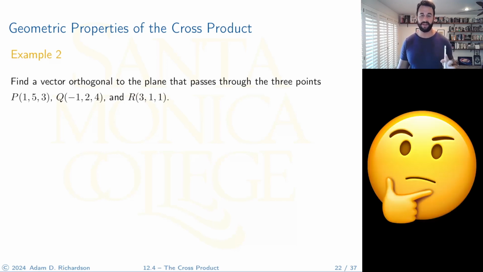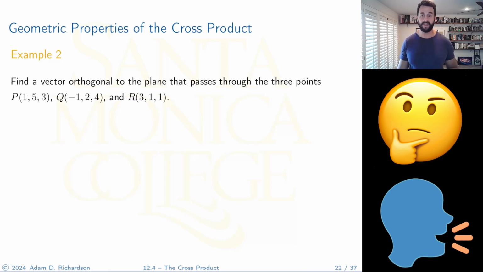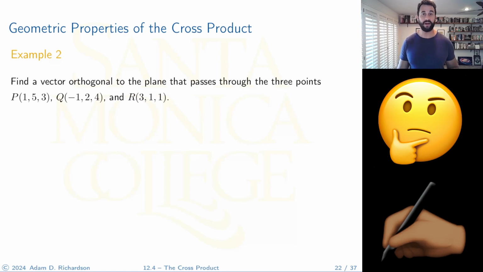So start by thinking about how you might approach it. Now say something out loud to anyone, your classmate, your peer, to yourself, about how you would go about it. How could you possibly do this? Okay, now try to work it out on your own. See if you can find a vector orthogonal to this plane.